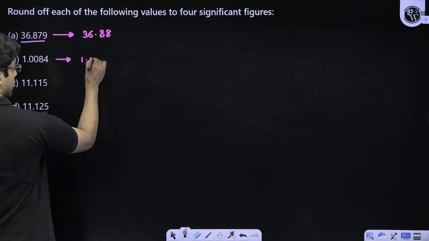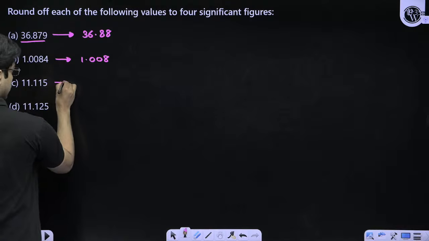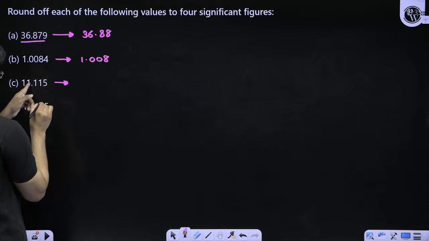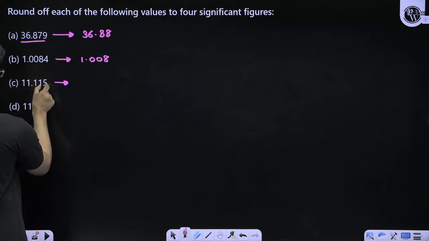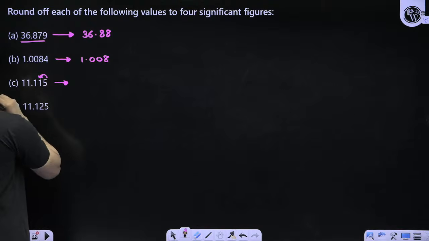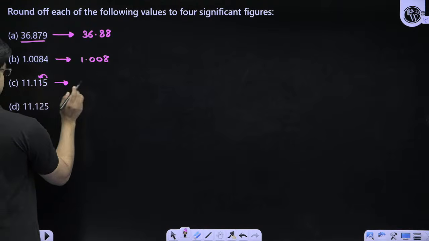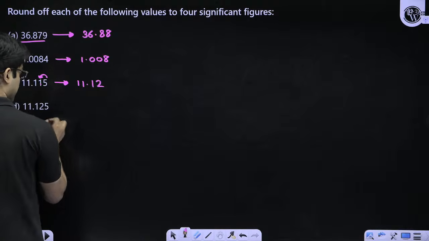So this will become 1.008, and over here we have 5, so we have to use the rule for 5, right? For 5 the rule was, if the digit on the left is odd, then we increase it by 1. So this will become 11.12.